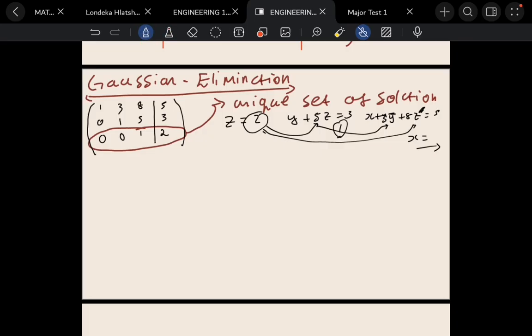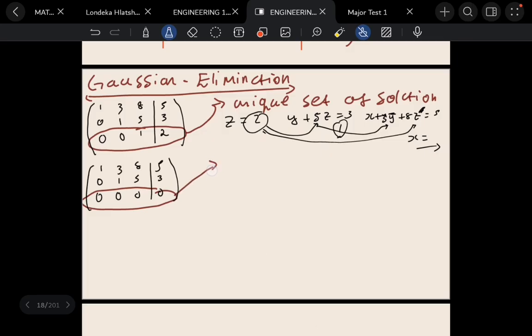Let us look at another statement. 1 0 0 3 | 1 0 8 5 | 0 5 3 0. Because our last row is in that order, we say we have an infinite set of solutions.